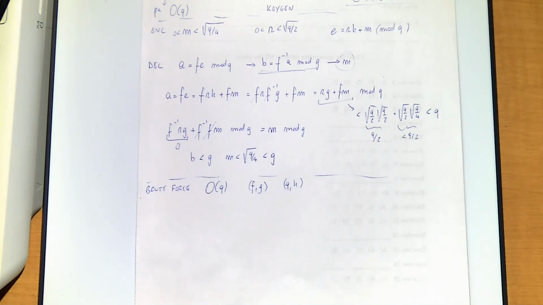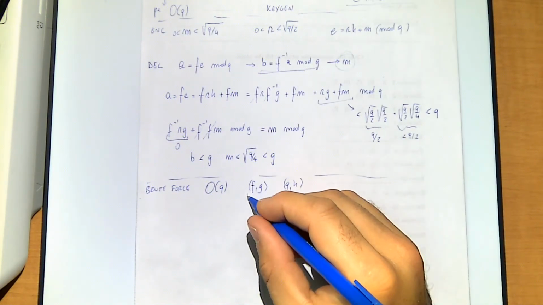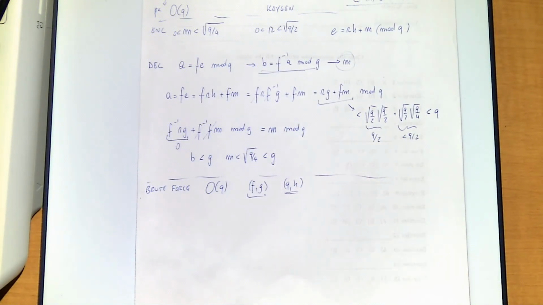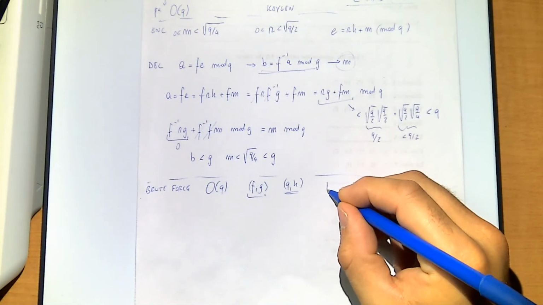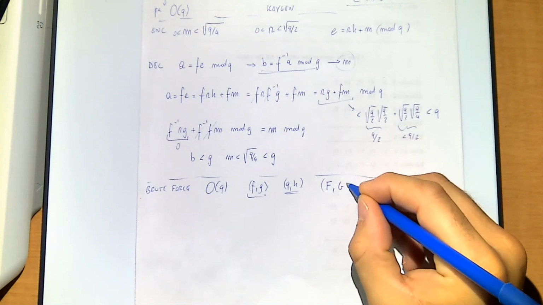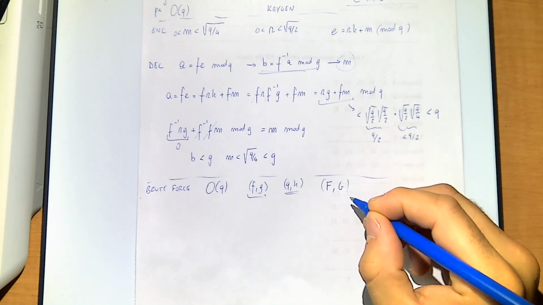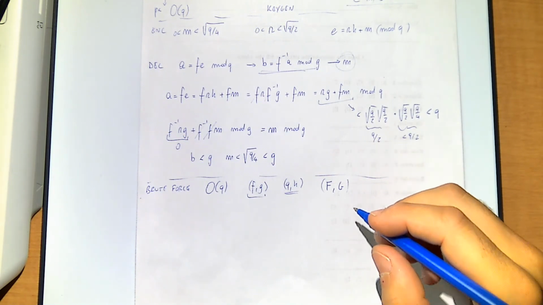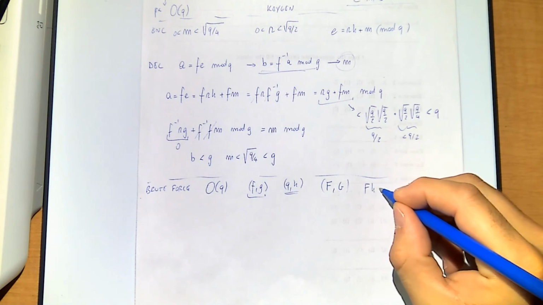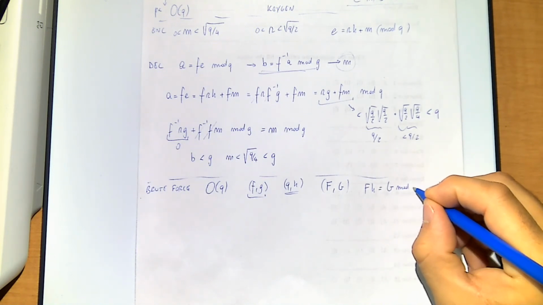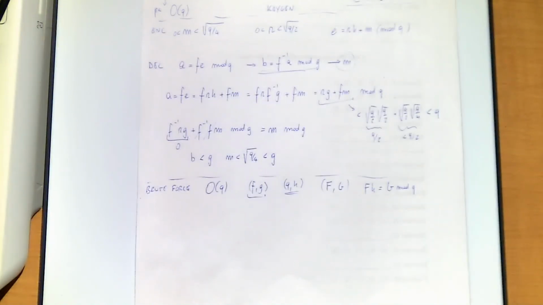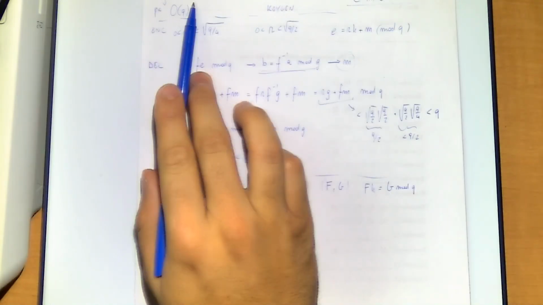But anyway, I want to recover this from the public information. So if I can find any pair of positive integers, they don't have to be exactly F and G. They could be, say, capital F and capital G, right? And then you have FH is equal to G mod Q, right? That's exactly what this equation is.